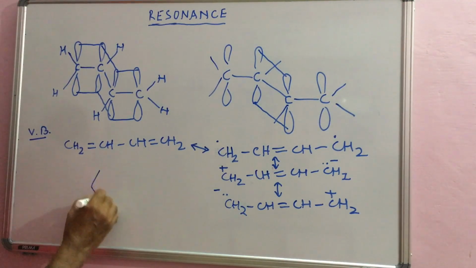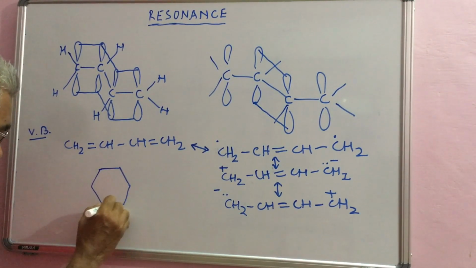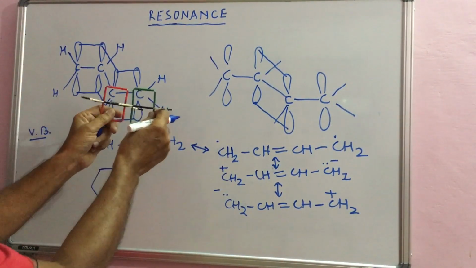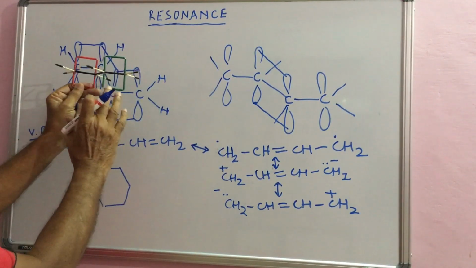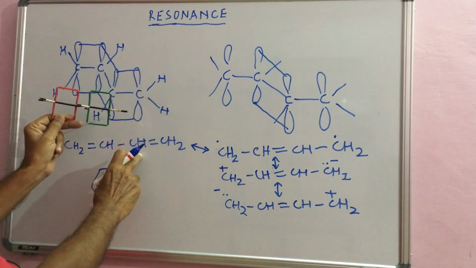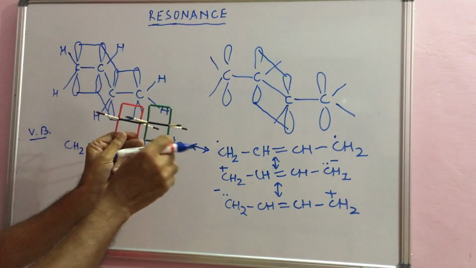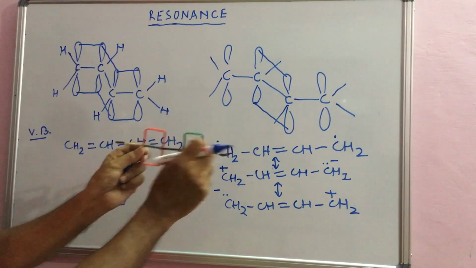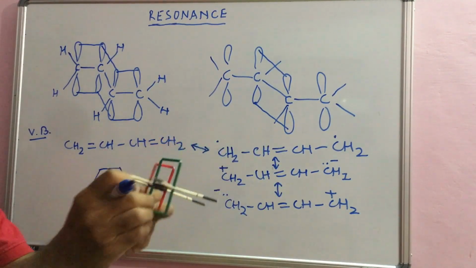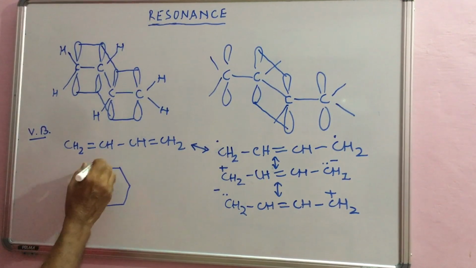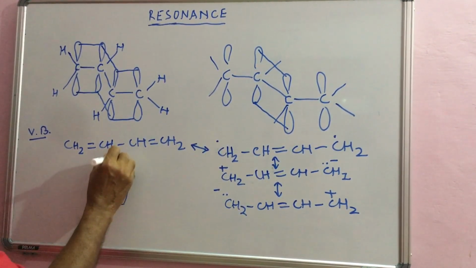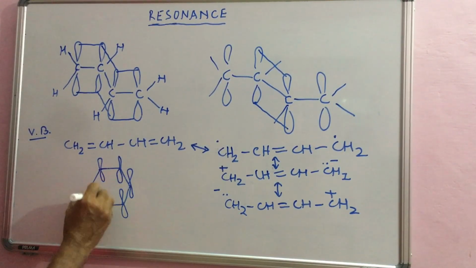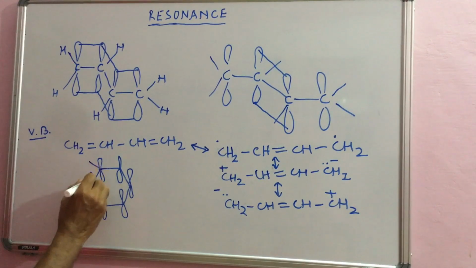In benzene, similarly, as in butadiene, you can see I have shown this molecule here. If these 2p overlap, these 2p overlap, this structure. But if you leave it aside and overlap these 2p, you get these type of structures. In case of benzene, as we had seen in the last video, there are 6 p orbitals standing perpendicularly.